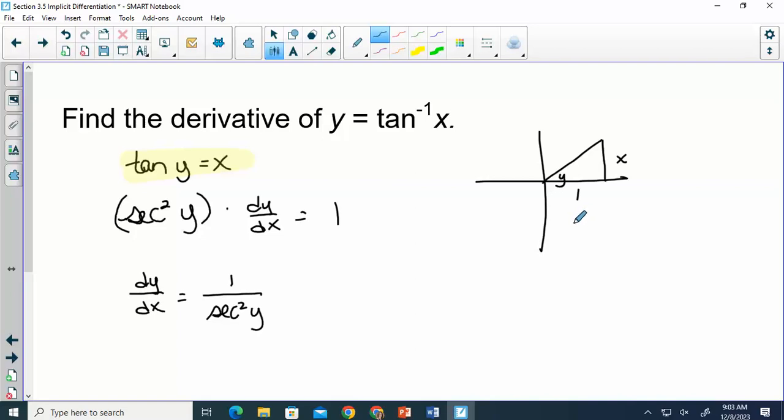Okay. So now, if I wanted to find my missing side, a squared plus b squared equals c squared. So my missing side is just the square root of 1 plus x squared.